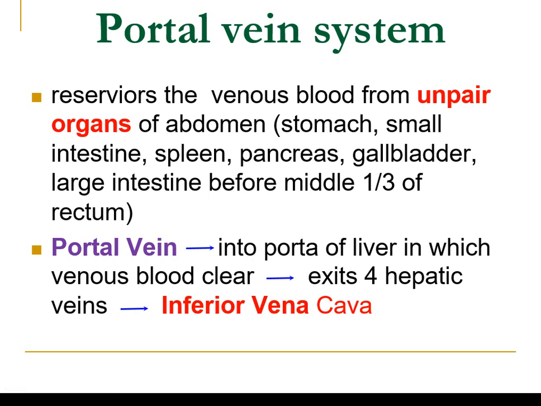The portal vein collects the venous blood from the unpaired organs of the abdominal cavity and directs it into the porta of the liver, where this venous blood is cleared inside the hepatocytes.